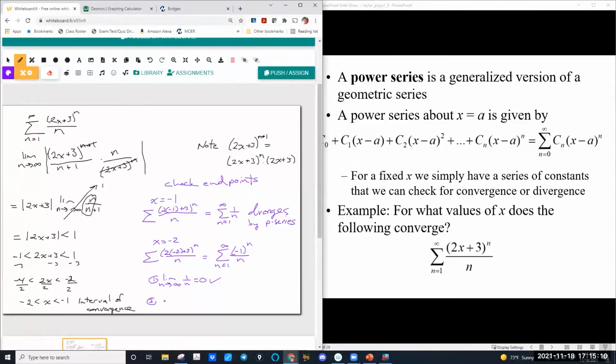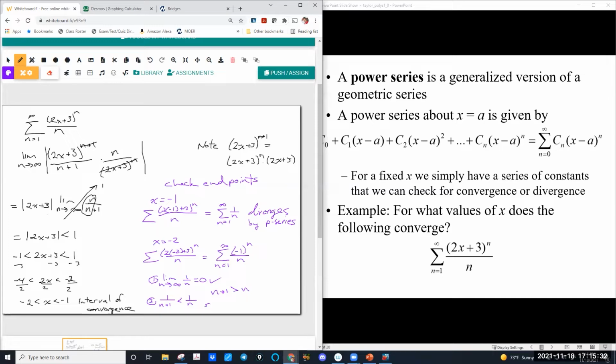And the other, well, we have to show that 1 over n plus 1 is less than 1 over n. If we flip both of those, we know that n plus 1 is greater than n.